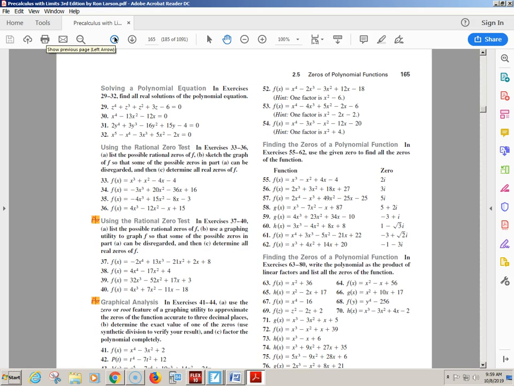Why do they always come in pairs? Where are they coming from? They always come in pairs. Conjugate. Because of the a plus or minus bi.